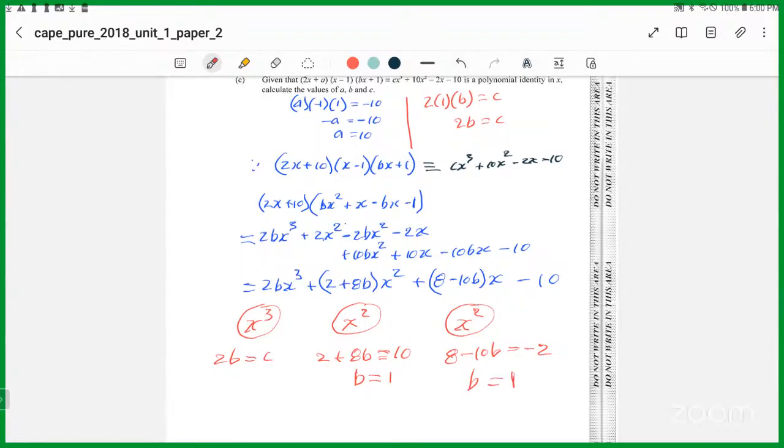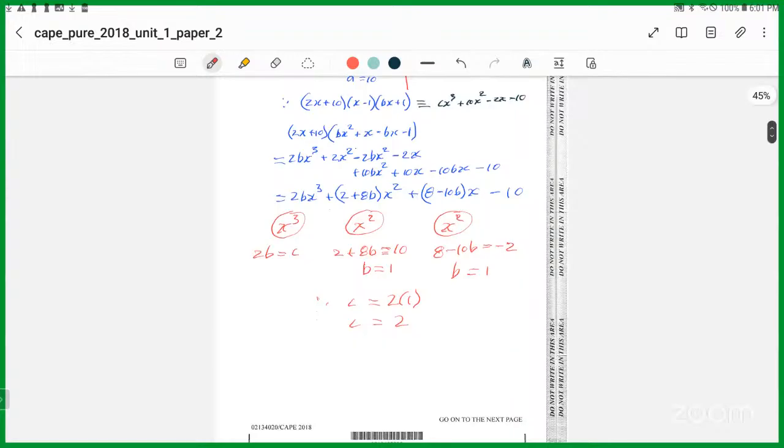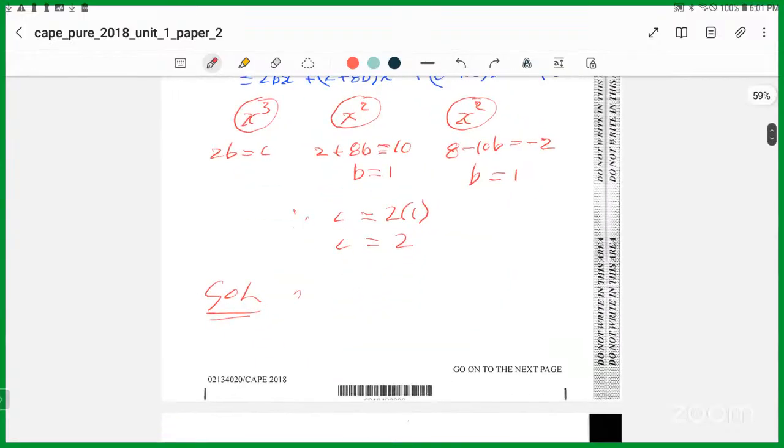And then if b equals 1, you substitute it for the b, then c equals 2. Therefore, c equals 2 times 1, c equals 2. So the solution is: a was equal to 10 from up here, b is equal to 1, and c is equal to 2.